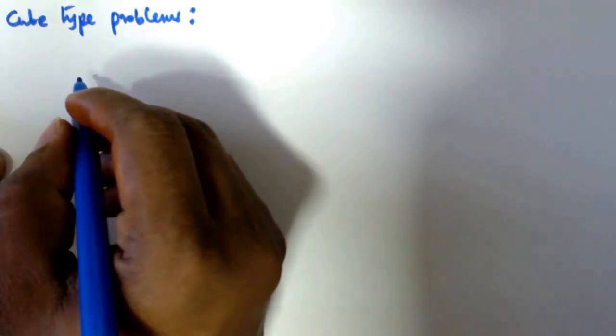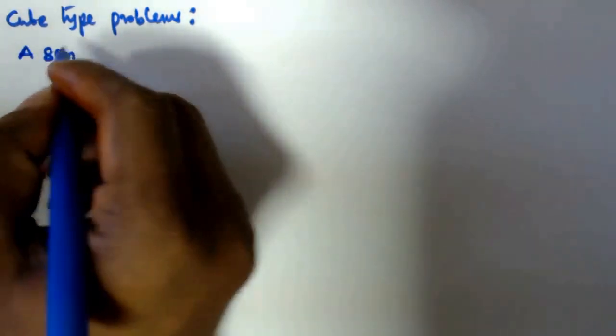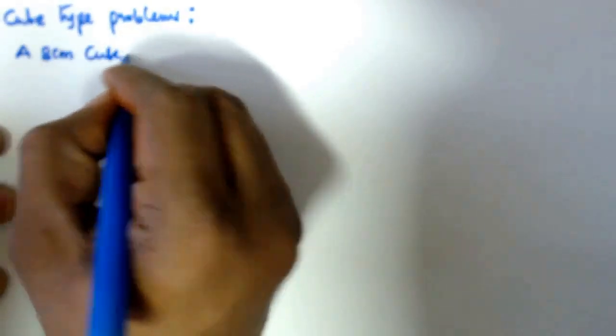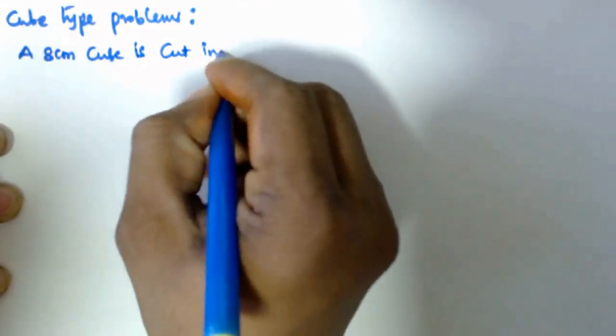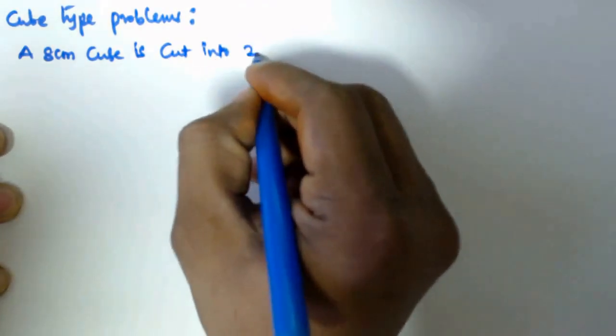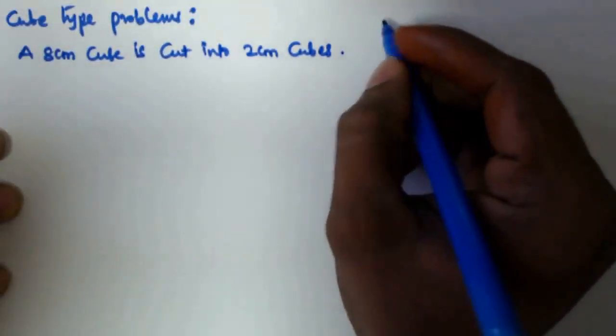Hello friends, in this video we will see another problem based on the cubes. So the problem is: an 8 centimeter cube is cut into 2 centimeter cubes.